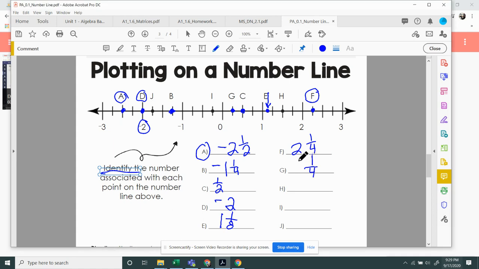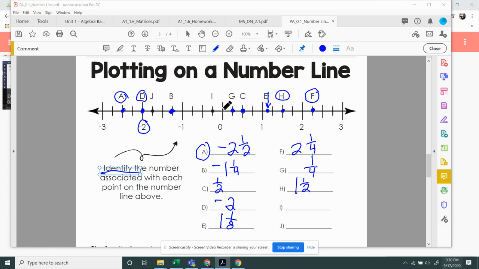We do not need the plus sign. The plus sign is understood. So H. Here's our H. And H is halfway between 1 and 2, which means H is 1 and 1/2. And again, it's positive. Everything over here is positive.